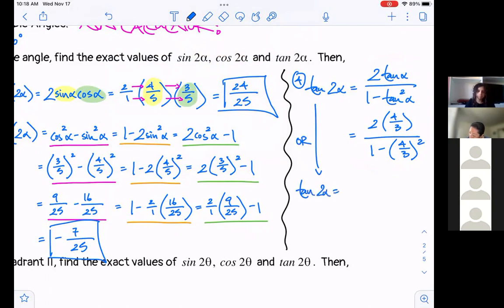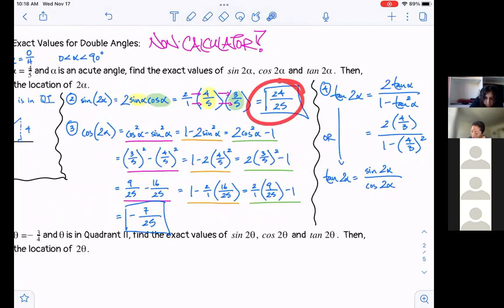Tangent 2 alpha equals sine 2 alpha over cosine 2 alpha, because tangent by the quotient identity is sine over cosine. And look at what we already have. We have sine, we have cosine. So all I'm going to do is do 24 over 25 divided by -7 over 25.